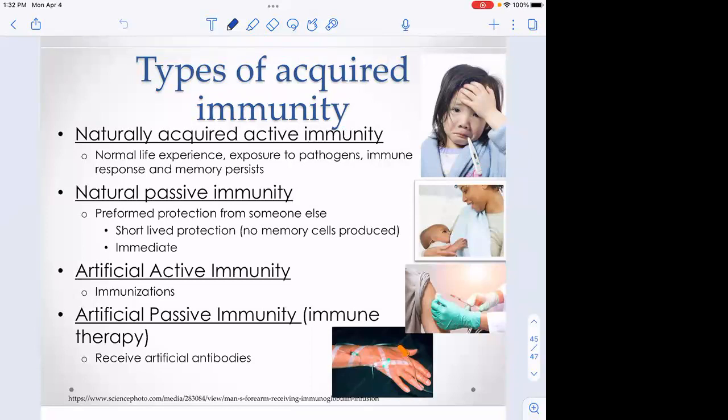The one thing that's in your book that we didn't talk about is a section called clonal deletion. I was just looking for ways to cut down on the amount of time we spent on immunology. That's where it talks about how our B cells and T cells learn not to attack our self antigens.